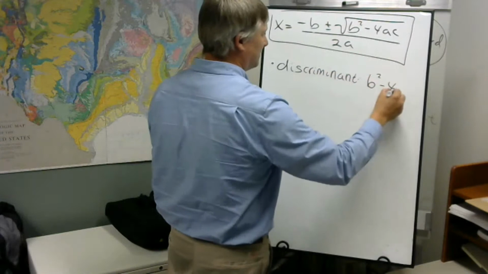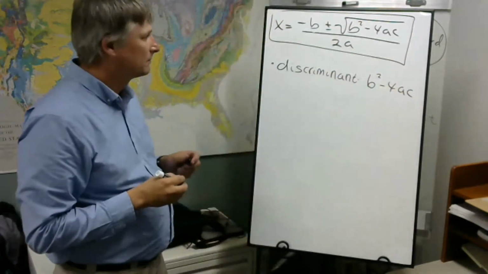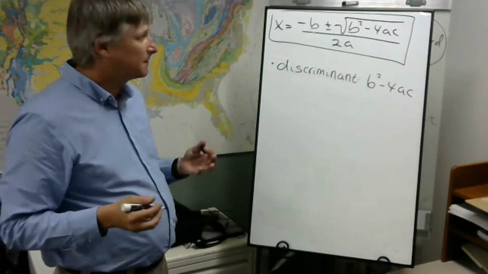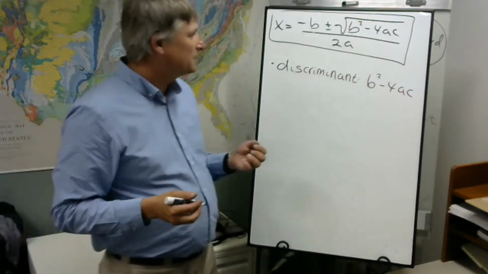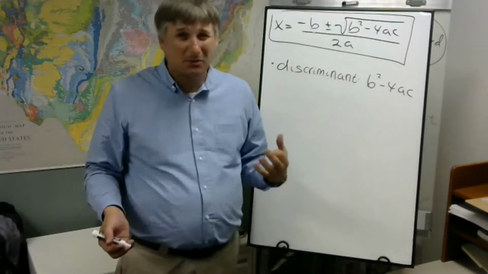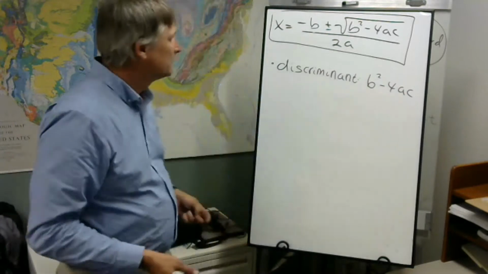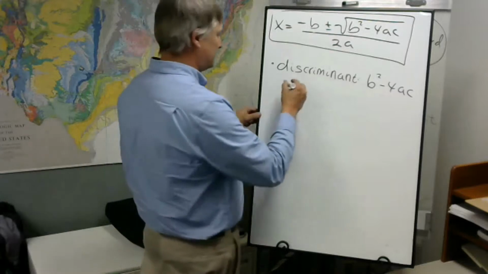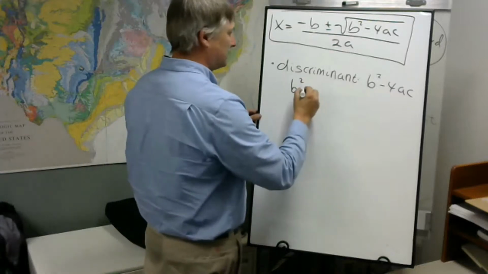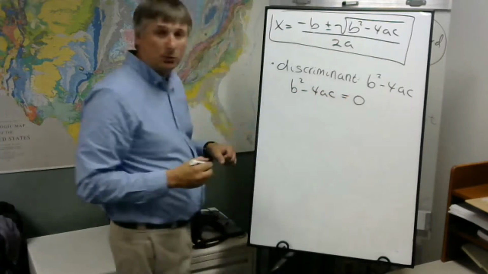B squared minus 4ac. So here's the thing. We can tell the number of solutions, and to some extent what kind of solution, based on what this does. So let's say b squared minus 4ac is equal to 0.